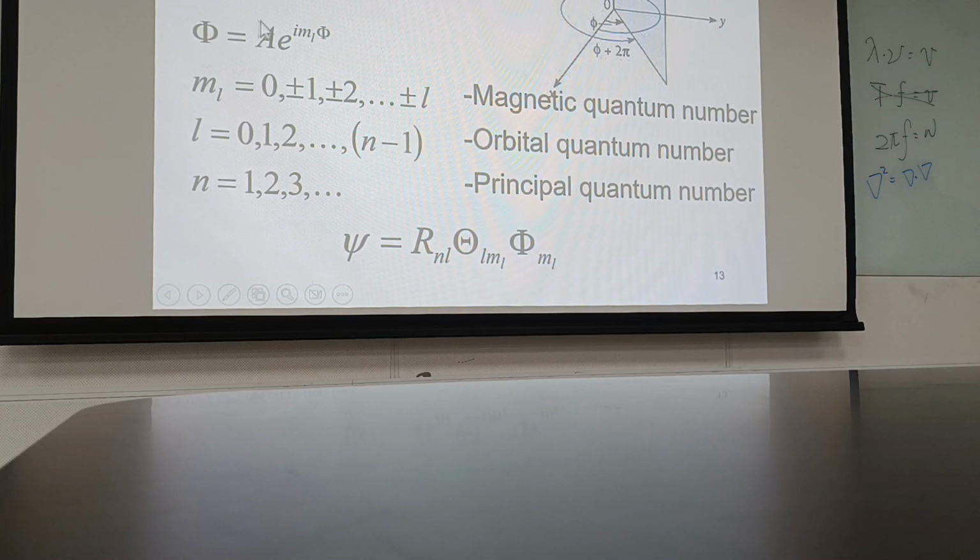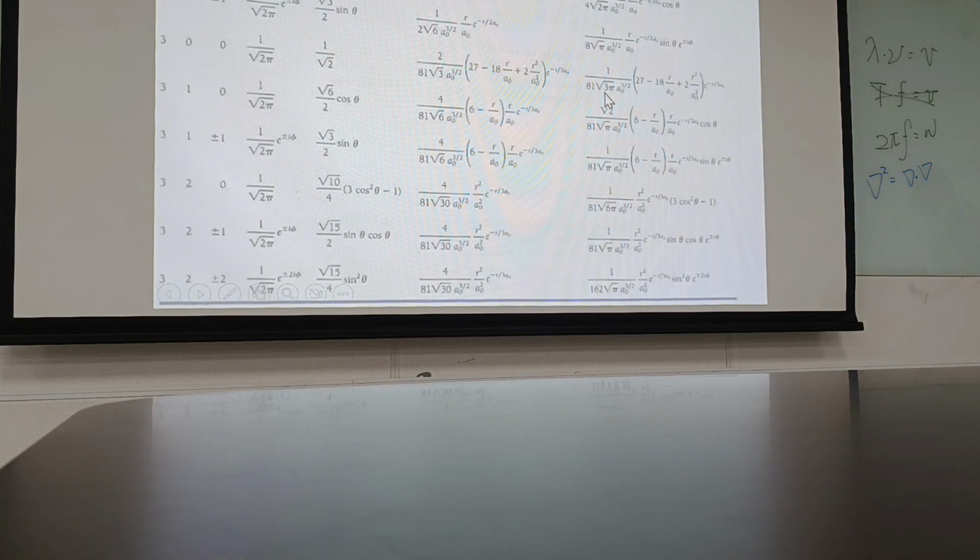So phi will be A, this is the magnitude, times an exponential. Remember, from the Euler formula, the exponential e to the i ML phi becomes a combination of cosine phi and sine phi.